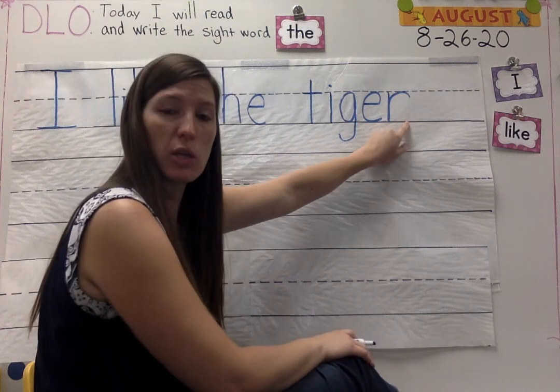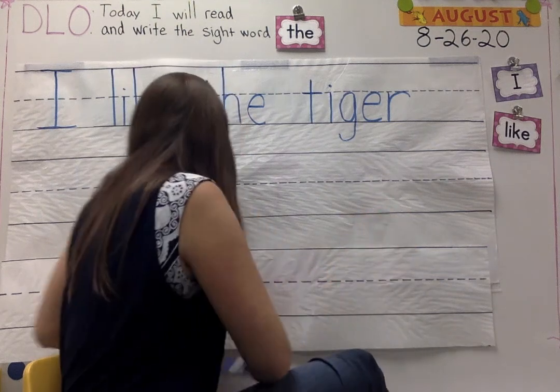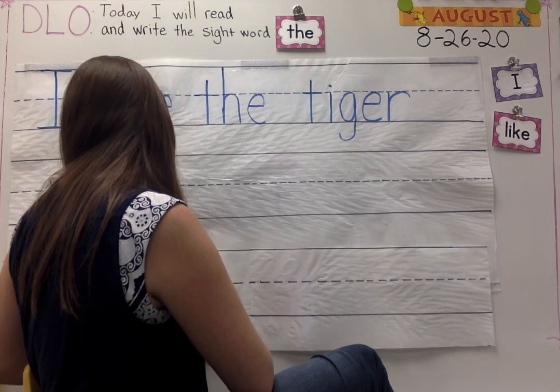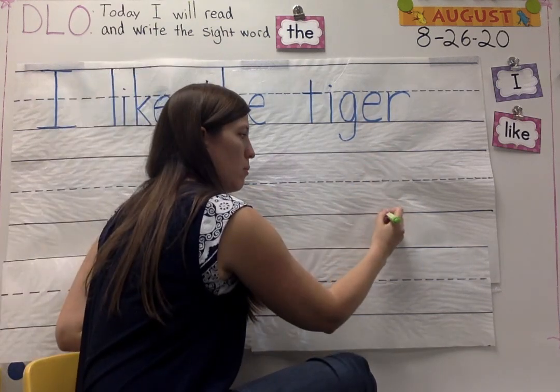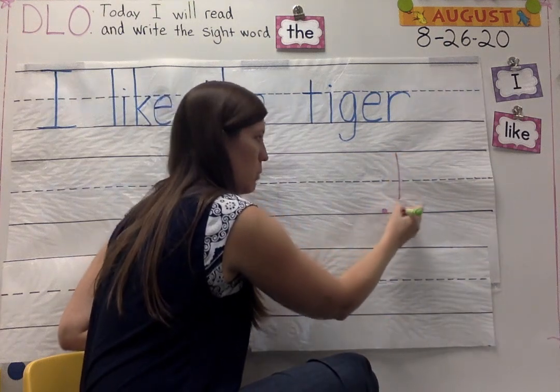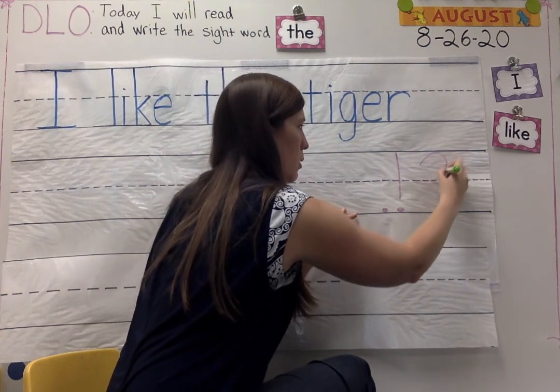I need punctuation. I could either write a period. Let me do that in a different color so you can see. I could either end it with a period, an exclamation mark, it's a squeaky one, or a question mark.